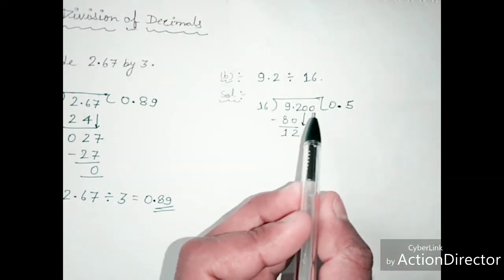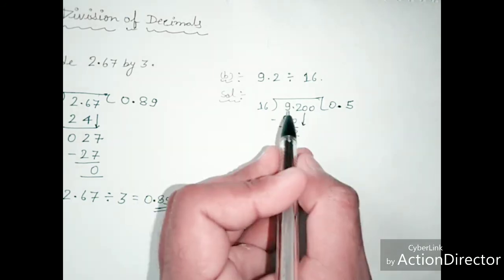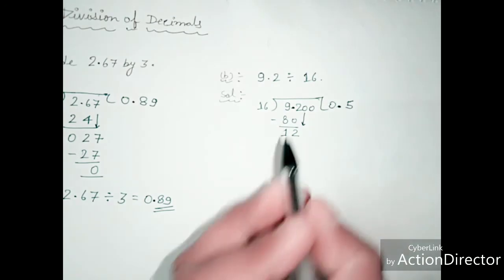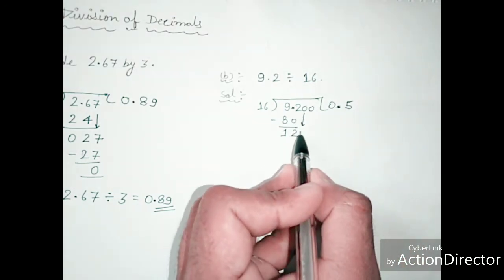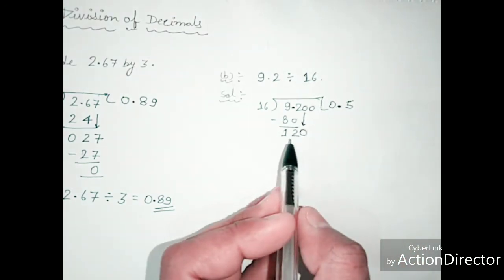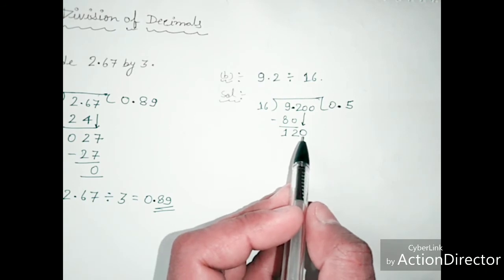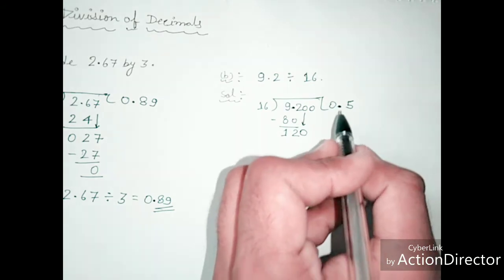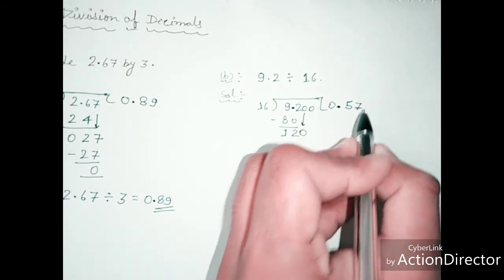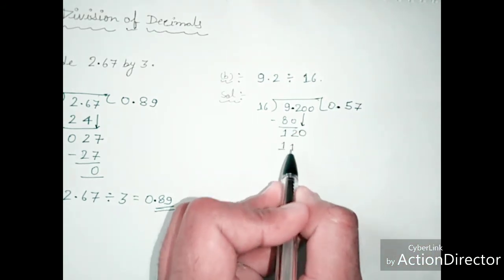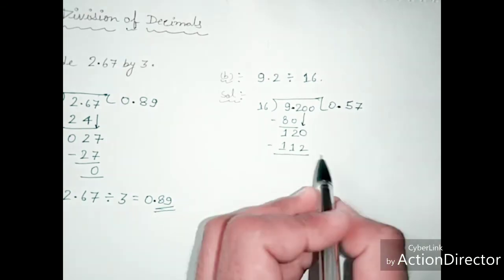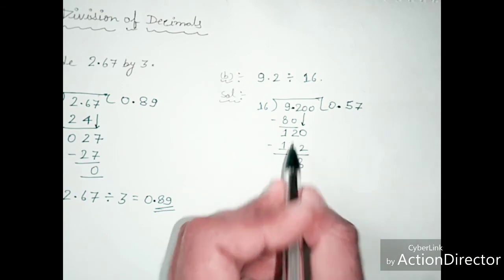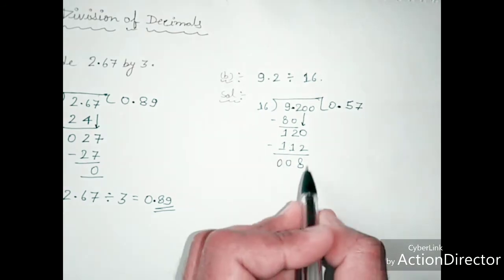We add a 0 here because after the decimal there is no value, so we add zeros. Then we take 0 here and then we make the number 120. 120 divided by 16 is 7 times. 16 7s are 112. Then 10 minus 2 is 8, and 1 minus 1 is 0, and 1 minus 1 is 0.